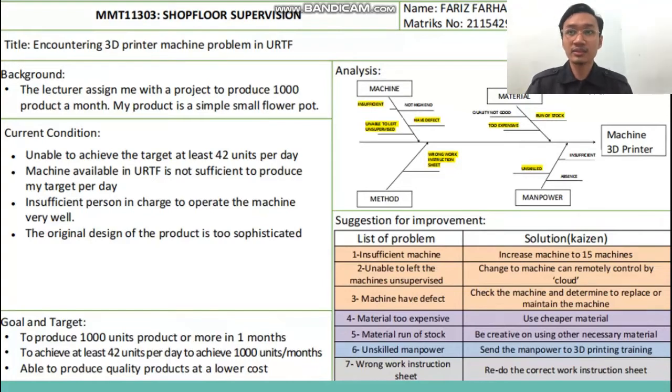For a sufficient machine, I've done some calculation, and my solution is to increase the machines up to 50 machines, where currently we have 10 machines. And then unable to leave the machine unsupervised, we have to change the machine to more.